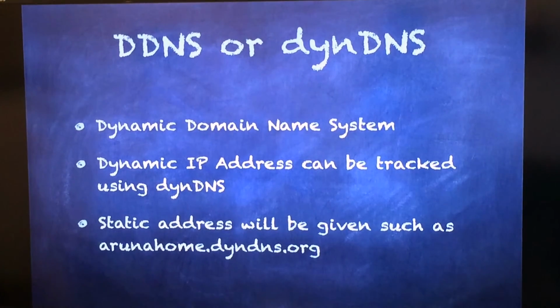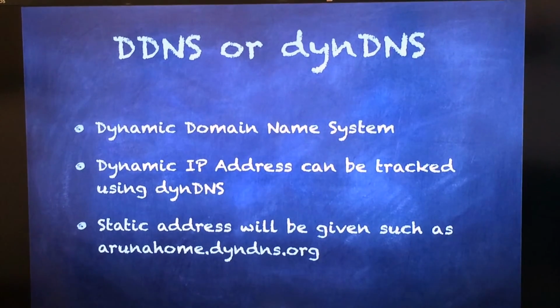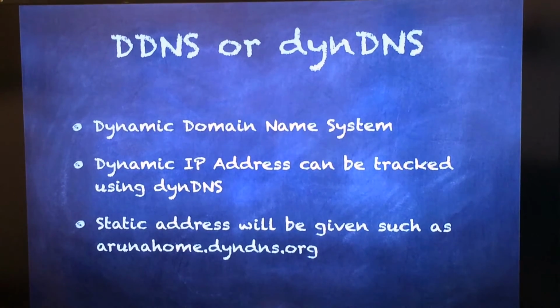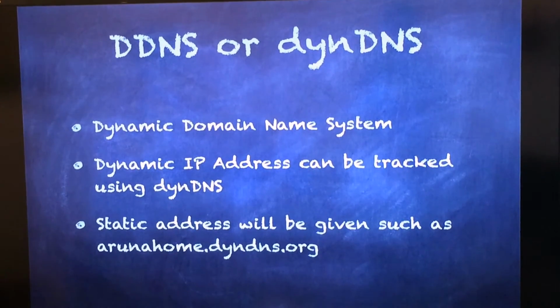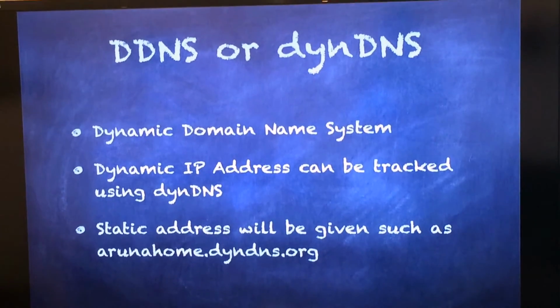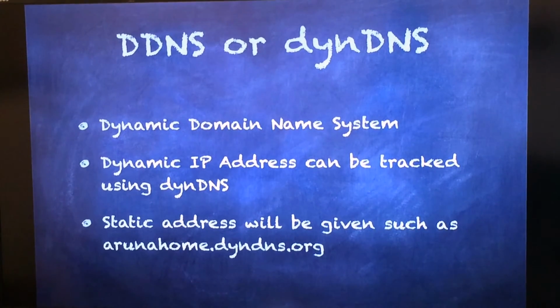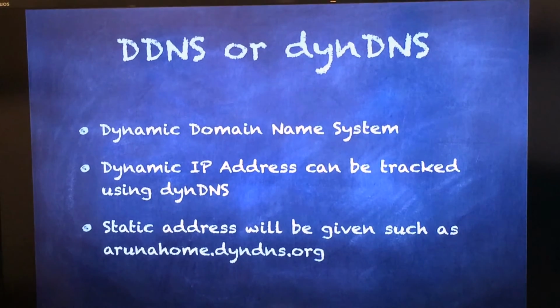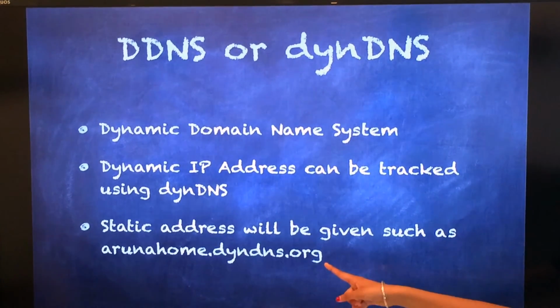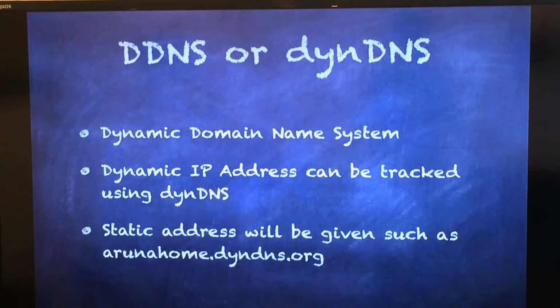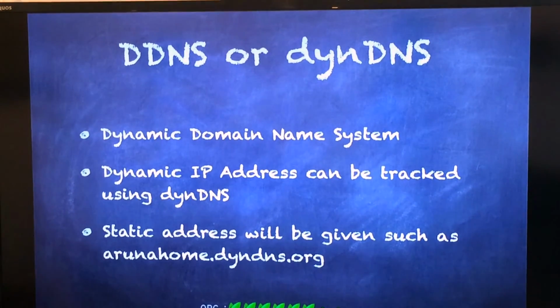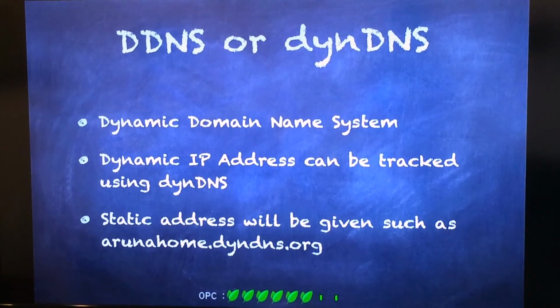So if I were to purchase a service such as dynDNS, I would be given a static address. For example, arunahome.dynDNS.org. I don't actually have this service, but this is just an example I came up with. Whenever I typed in this address in my computer, it would automatically route to whatever my current IP address is.